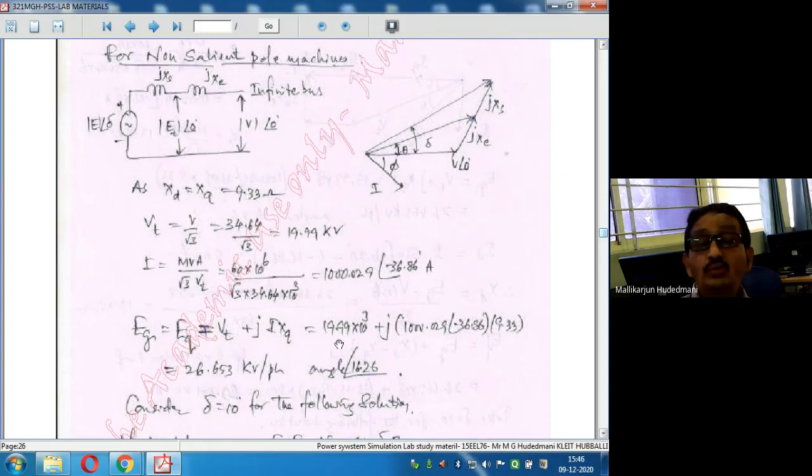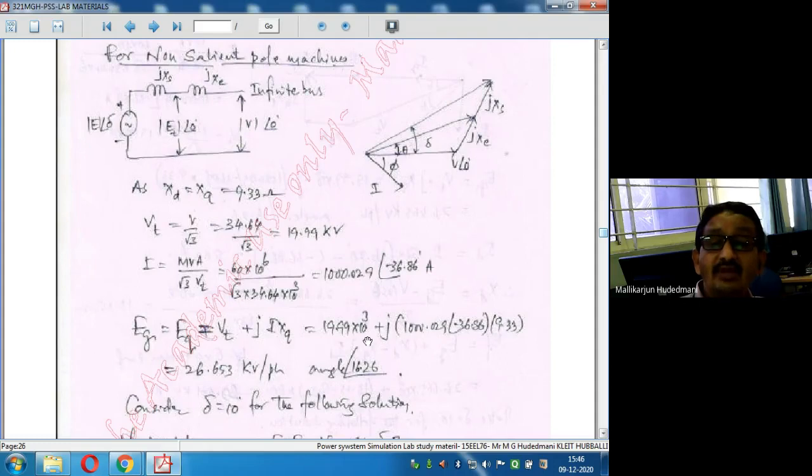So VT 20 kV plus j into the current I have got here, 1000.029 magnitude and angle, into 9.33. This 9.33 is no more XQ, it is XQ in the problem. But for my case study, XQ is same as XD, so I will be placing XD directly in the place of XQ.